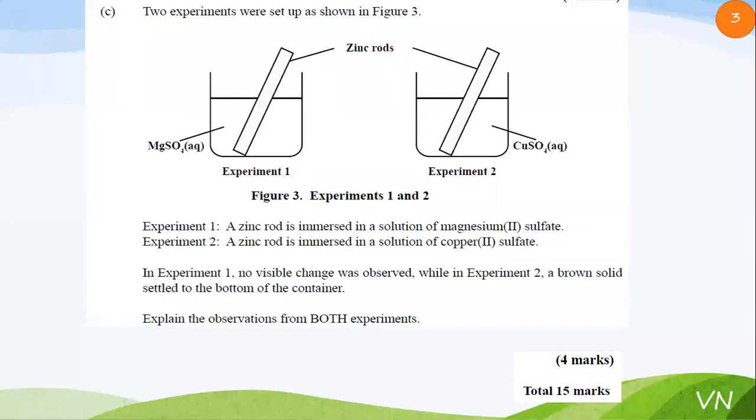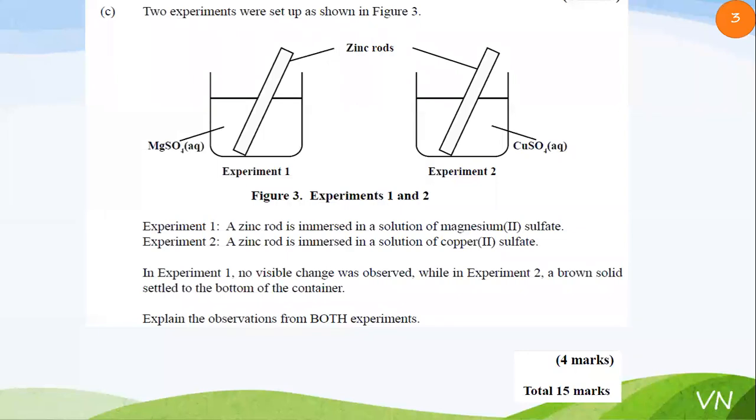The observation was that in the first experiment, there was no visible change, and in the second experiment, a brown solid settled to the bottom of the container. The question asks you to explain your observations from both of these experiments.